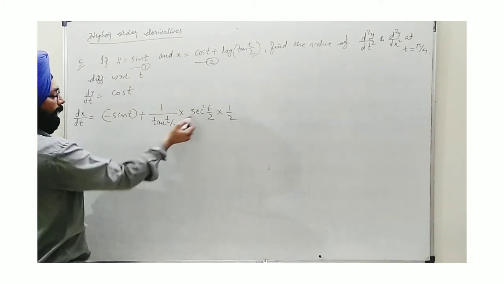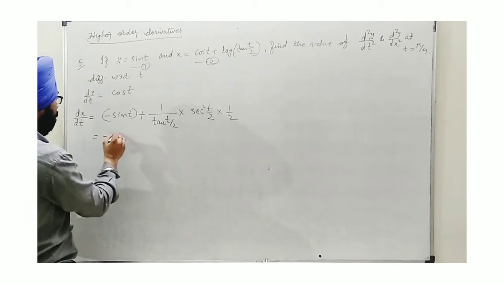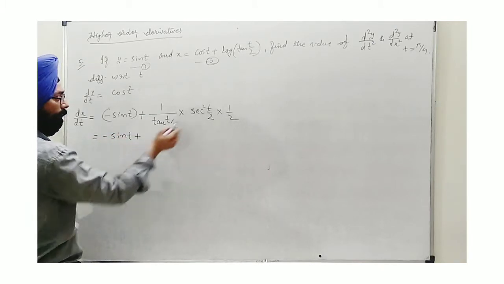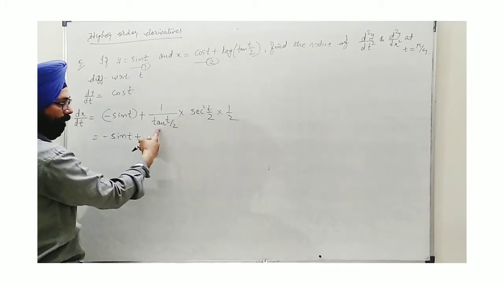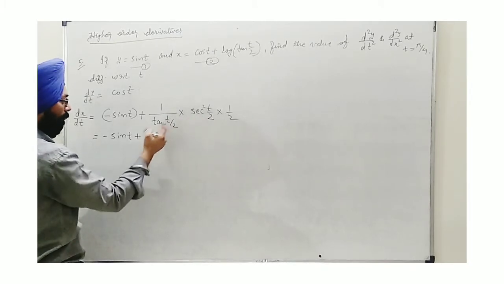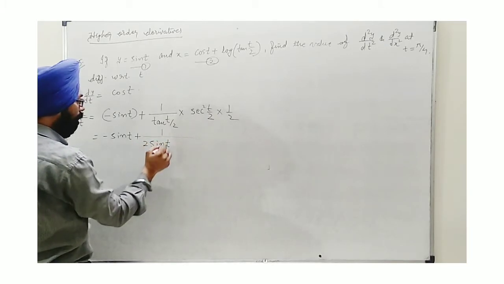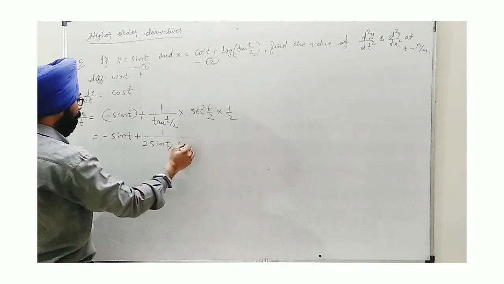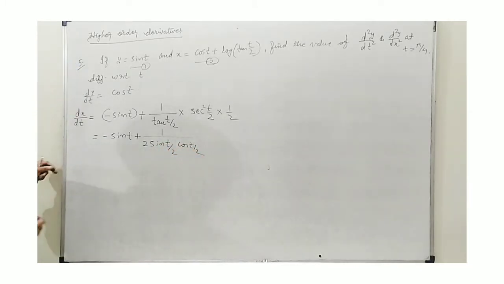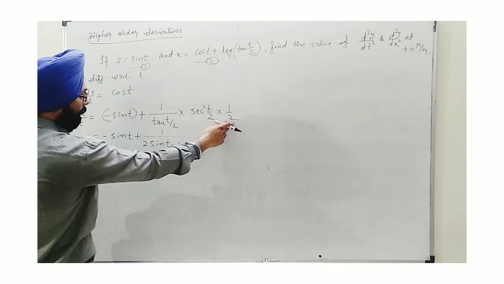We can simplify sec and tan in terms of sin and cos. I find this is minus sin t plus sec square will be 1 upon cos square, this is sin upon cos. Okay, so simplifying, we finally get 1 upon 2 sin t by 2 cos t by 2. Here this 2 I have utilized.